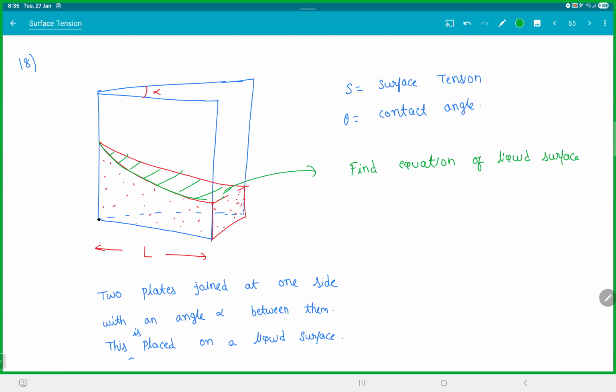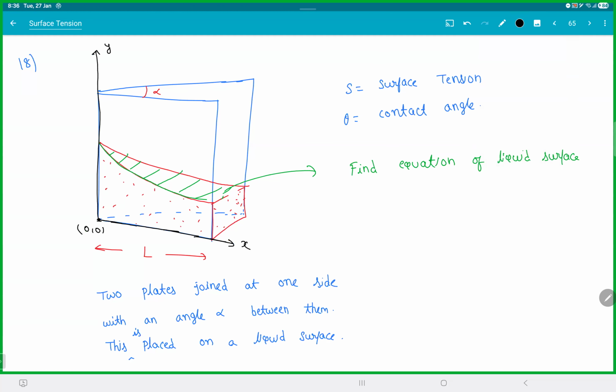For simplicity, take this as the x-axis, this is the origin and this is the y-axis. So I want you to find the equation of that line there. I hope the question is clear.